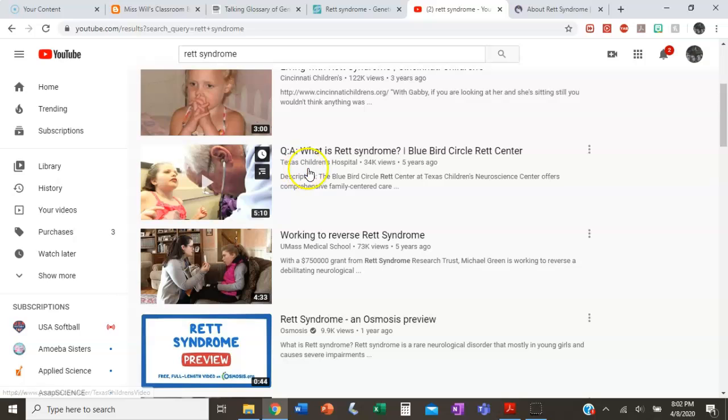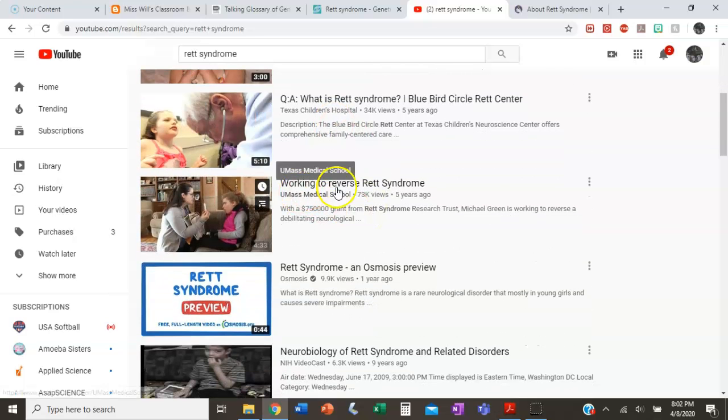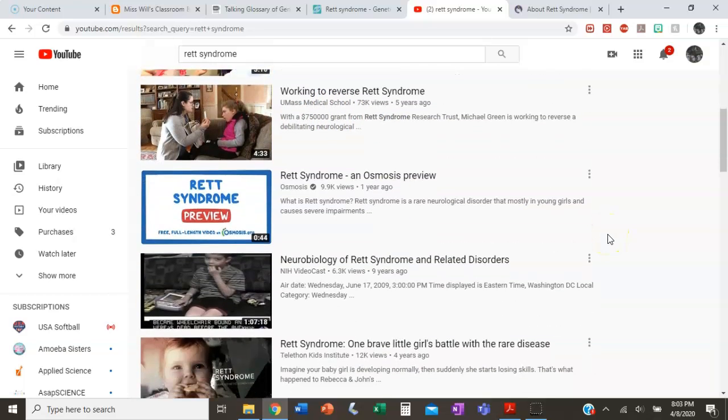What is Rett Syndrome by Texas Children's Hospital? Again, that sounds like a place that would have good quality information. Working to Reverse Rett Syndrome, so that we'll talk about some of the research that's being done and some of the treatments that are being tried. UMass Medical School, again, a really good resource.